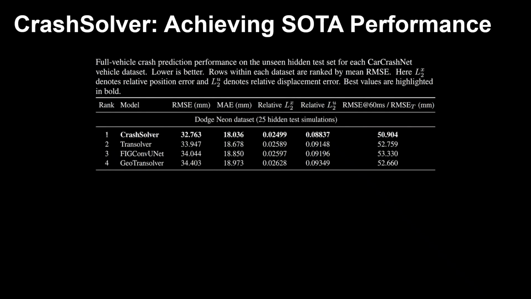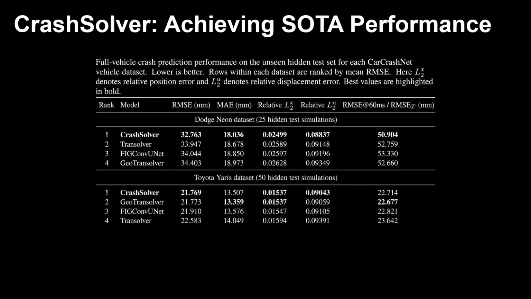We compare CrashSolver with FigConvNet, TransSolver, and GeoTransSolver on hidden test simulations. CrashSolver achieves the best overall accuracy across all 3 car datasets. For the Dodge Neon dataset with 25 hidden test cases, it reaches an RMSE of 32.7 mm versus 33.9 mm for the next best model.